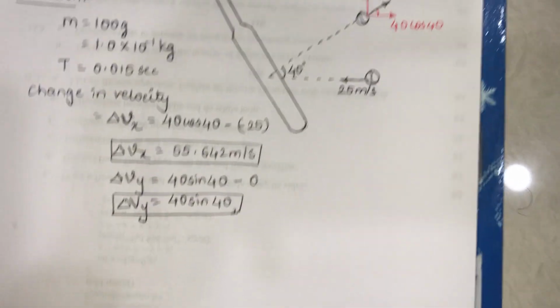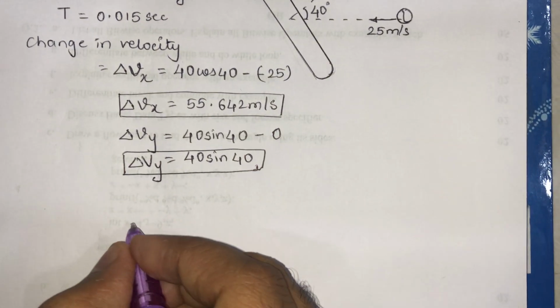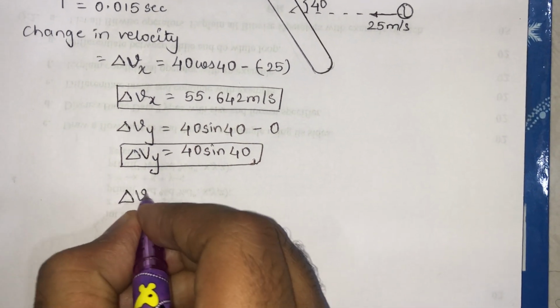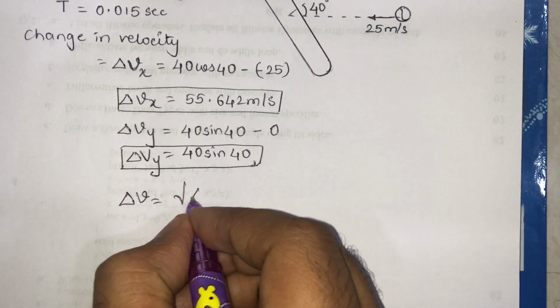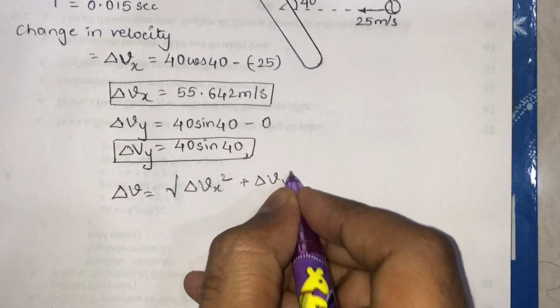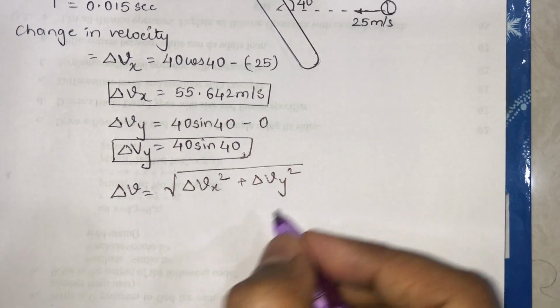Now we'll take the resultant of these two velocities. That is, delta V equals root of delta Vx square plus delta Vy square.